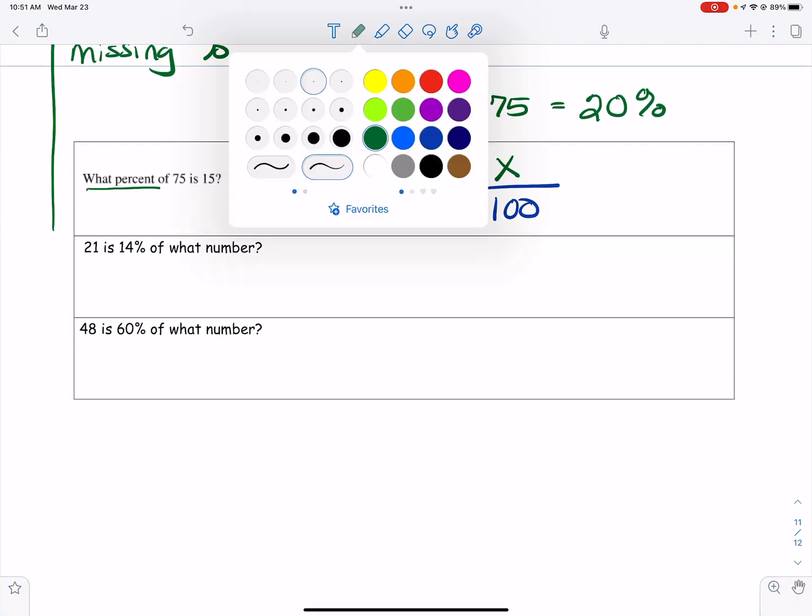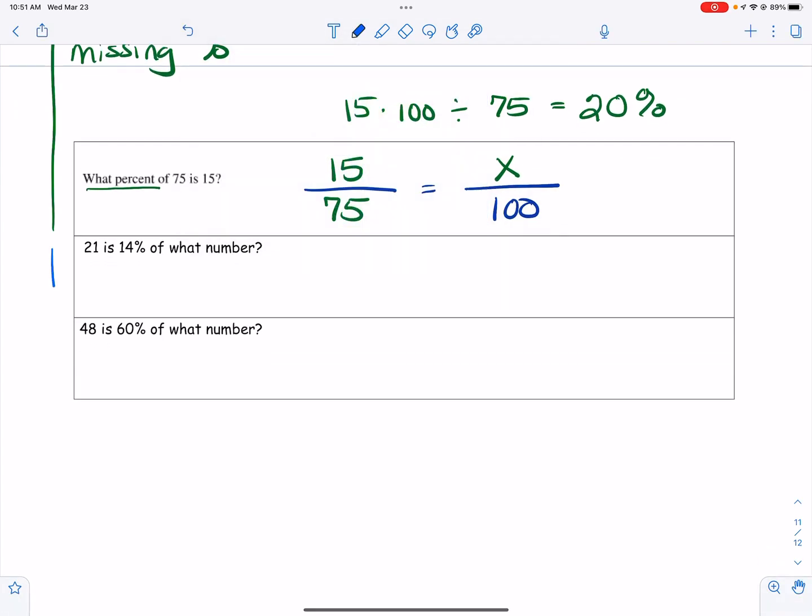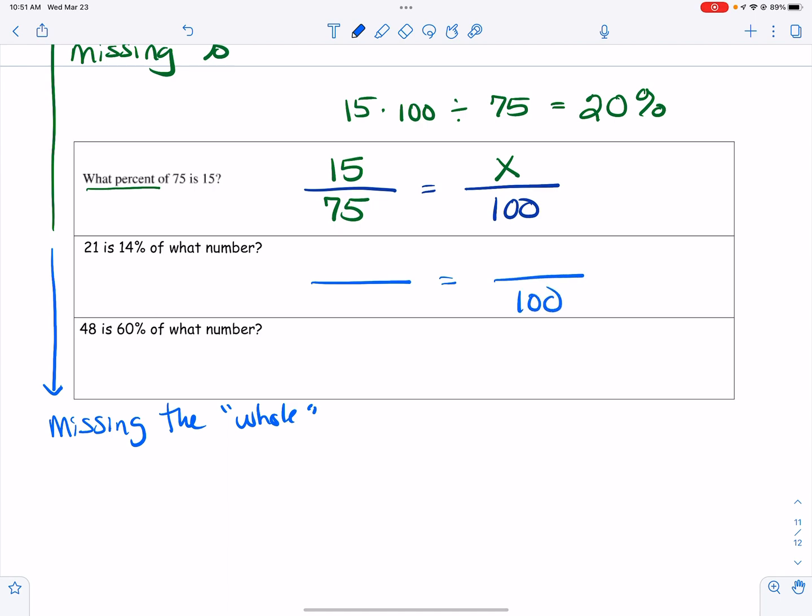And then the last two, we're going to be missing the whole part. So blank equals blank over 100. And we have 21 is, that's my part, 14%, that goes over 100, of what number? So we find the two numbers diagonal, 21 times 100 divided by 14.